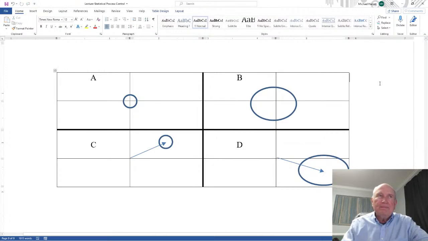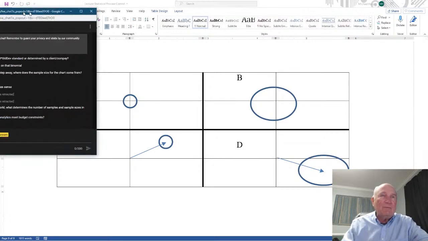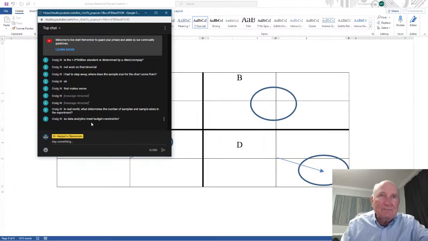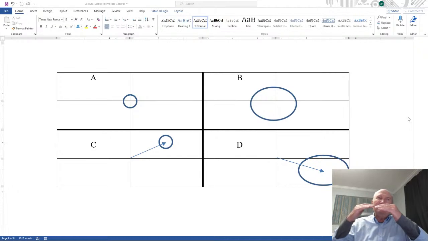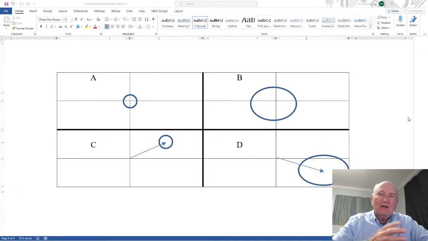Okay. Actually, Craig, I want to make one more comment about your comment. So data analysts meet budget constraints. Well, a data analytics person could argue, well, if you do data analytics, we can save you enough money that the net cost is going to be negative. I mean, we save so much money that it costs you less than if you didn't use this at all.